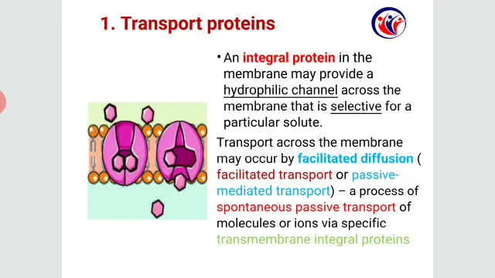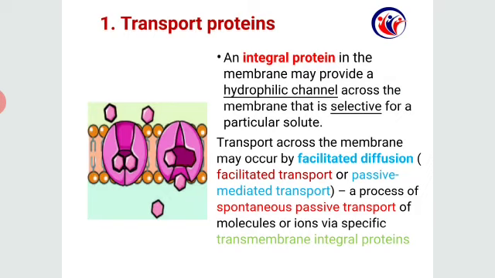So facilitated diffusion could also be referred to as facilitated transport or passive mediated transport. Remember, passive, it does not require energy. It simply requires a concentration gradient from high to low.